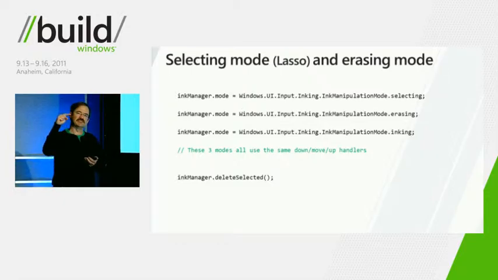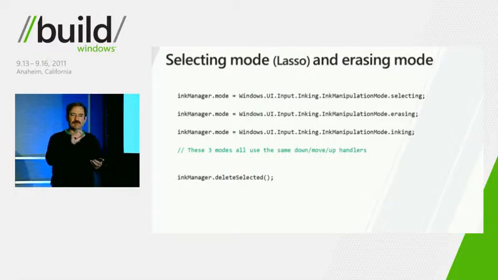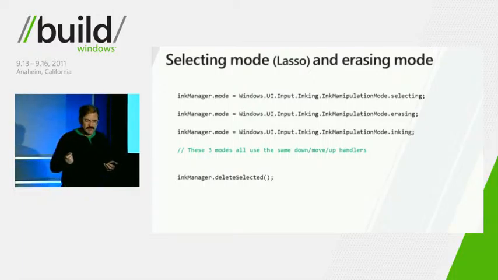That means the three handlers, the down, the move, and the up, are all still running when you're selecting. And they're all still running when you're erasing too, because we use that same code. We just set some global properties on the canvas object. For roping, I just set the color to yellow or sort of a tan color, and I set an image in there to get a dotted line. I was trying to make it look like rope. It doesn't look that much like rope.